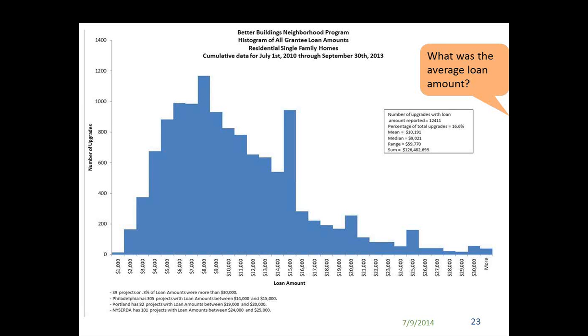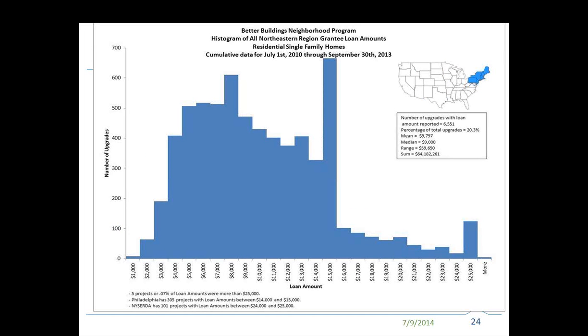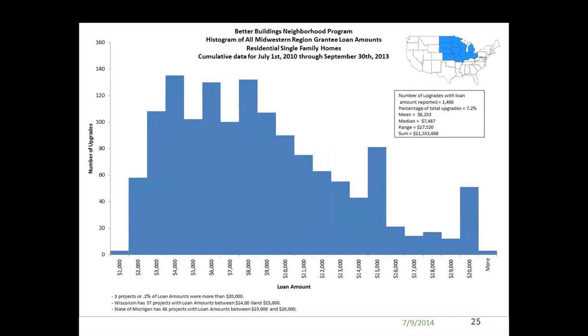I'm going to show you a series of these histograms that show the project level information that we have, to give you some idea of what the data looks like. So here's the same graph, a histogram for loan amount, just in the Northeast, and you can see the 15,000 again was really dominated by Philadelphia, and loan amount goes down a little bit. We also have the Midwest, with a little lower average loan amount.